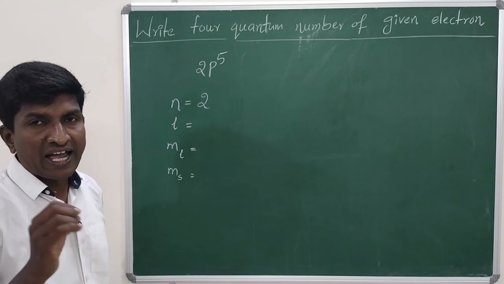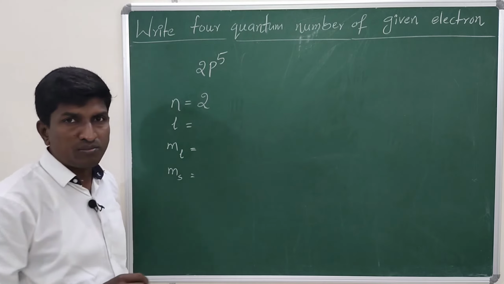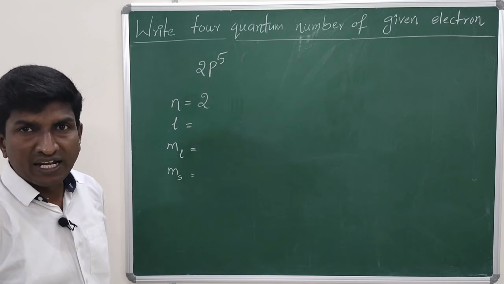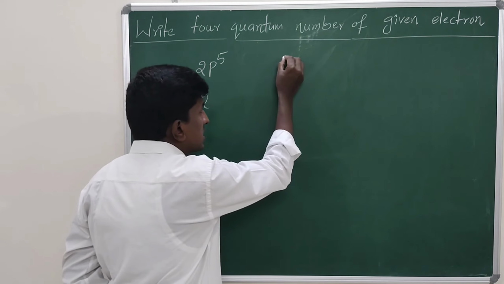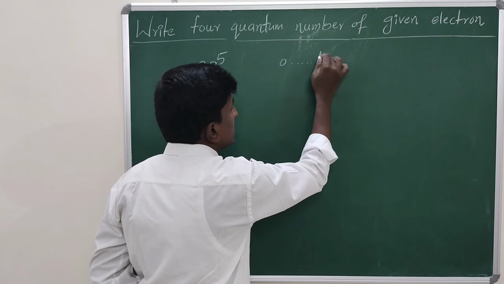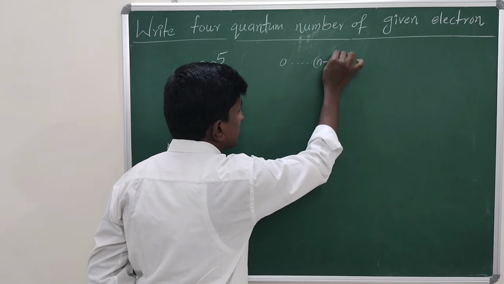We know that the angular momentum quantum number depends on the principal quantum number. For any principal quantum number, the angular momentum quantum numbers start from 0 and the maximum value is n minus 1.